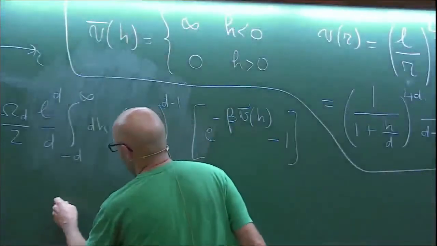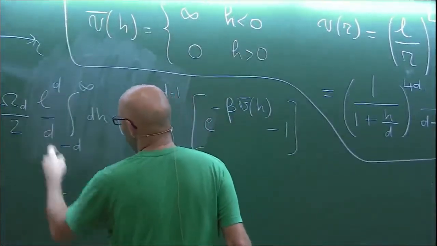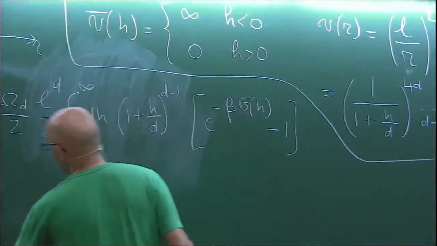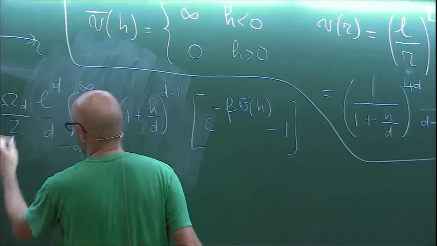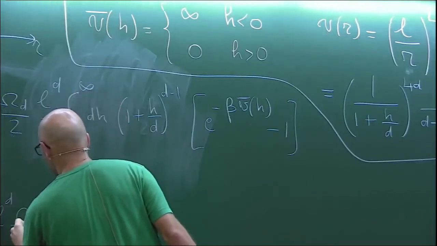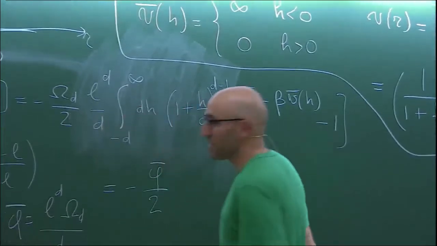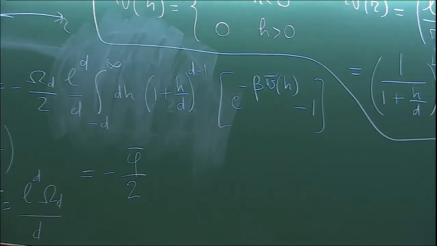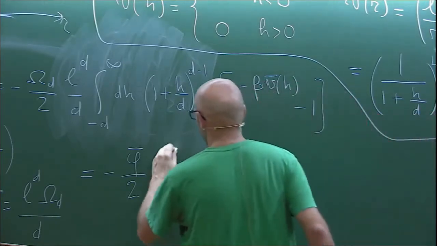And then I take the limit of infinite dimension, so here I get this factor, I will call it phi bar over 2. So phi bar is equal to L to the D times omega D over D. Okay, let me finish this and then I answer your question.